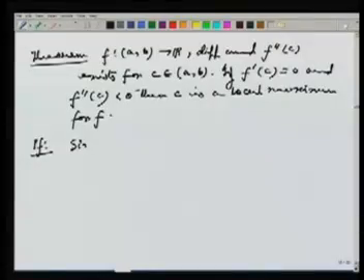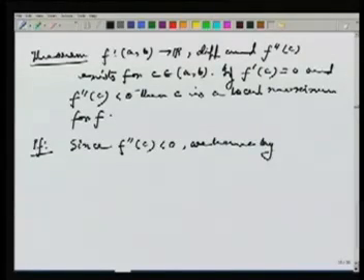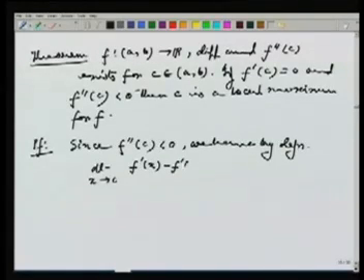Well, now since f double prime C is strictly less than 0, we have by definition the limit as x goes to C of (f prime x minus f prime C) divided by (x minus C) to be less than 0. This is the definition.